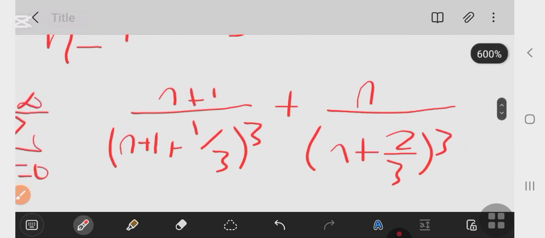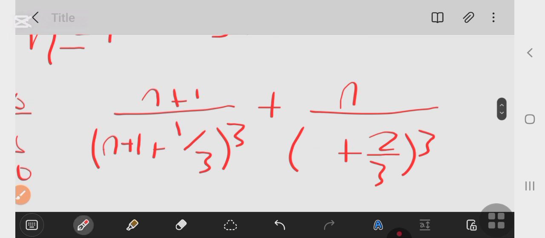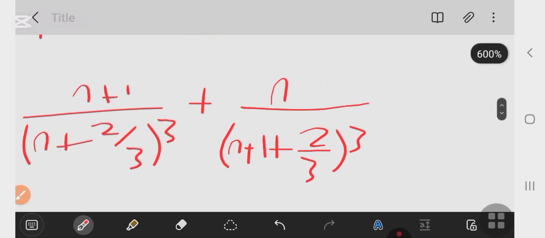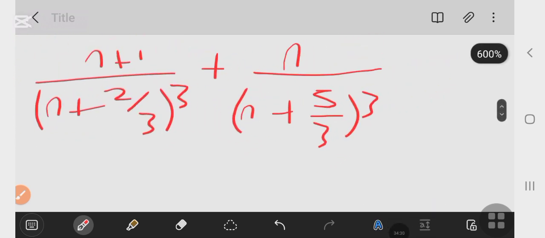And then this one too will change to n plus 1. So at the end I'll have here n plus 2 over 3. Then here will be n plus 5 over 3. Okay, now decomposing it into partial fraction. Sorry, I missed to include here.